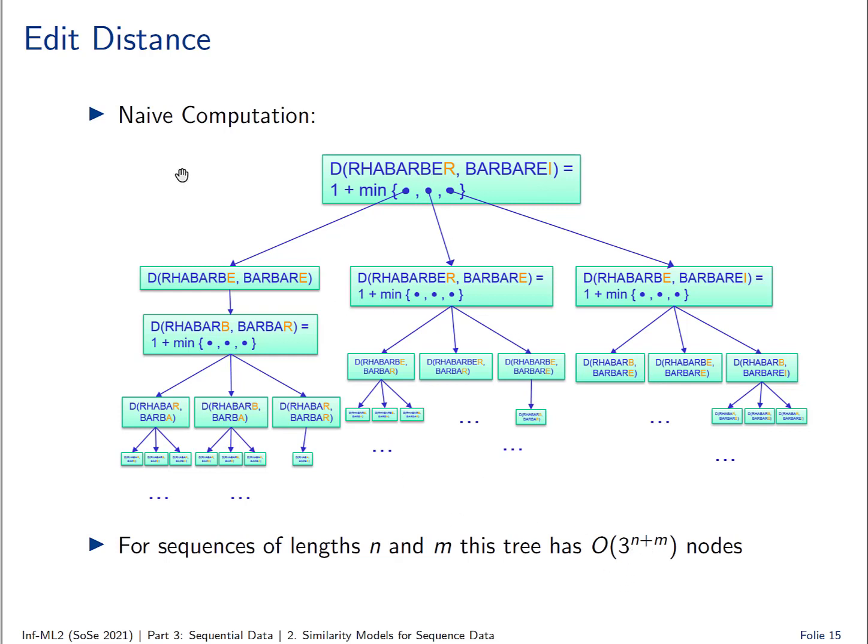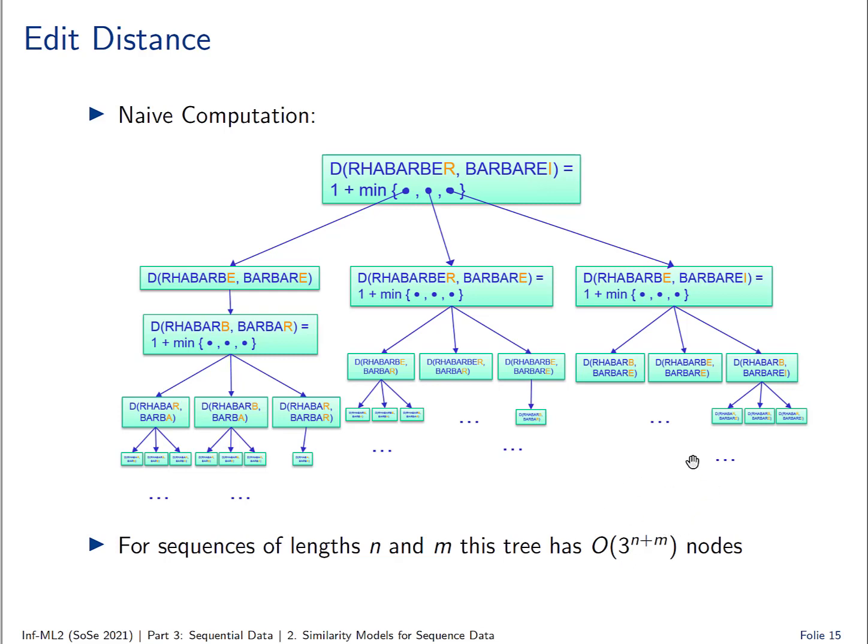So the complexity of the naive computation would be O of 3 to the power of n plus m, which is of course a lot. That is somehow not acceptable for larger n and m's. So for longer sequences, we cannot do that. We cannot afford that. That's too much.